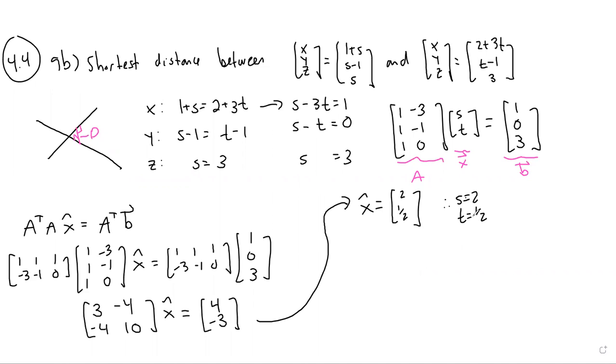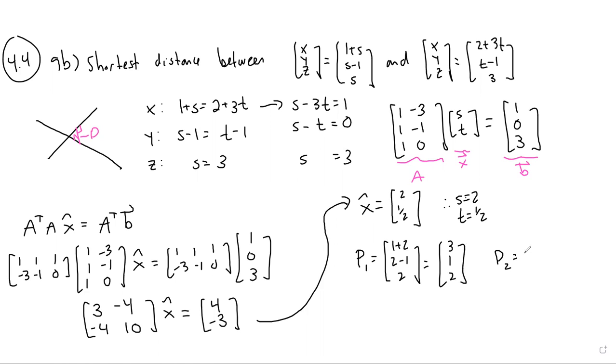That tells us the points on the two lines that are going to be closest to each other. My point on the first line, which I'll call P1, should be 1 plus 2, 2 minus 1, and 2. So I get (3, 1, 2).